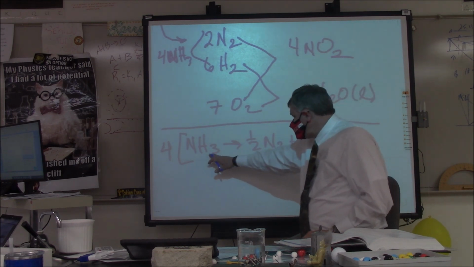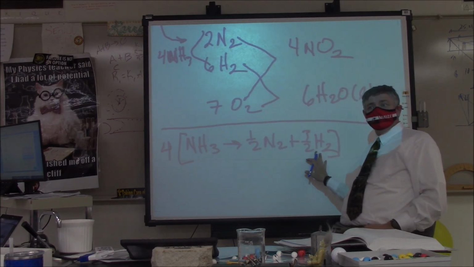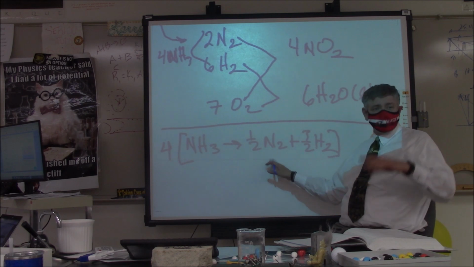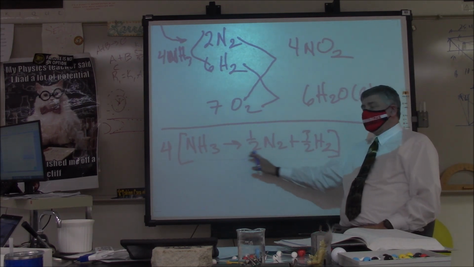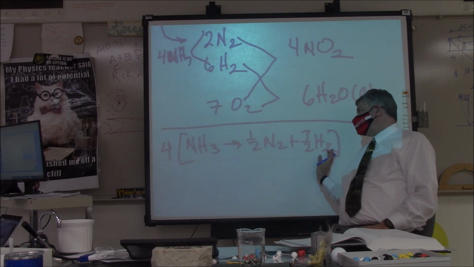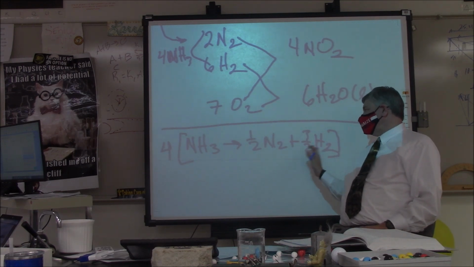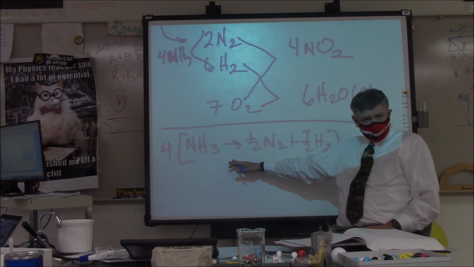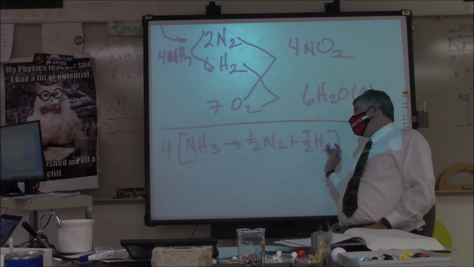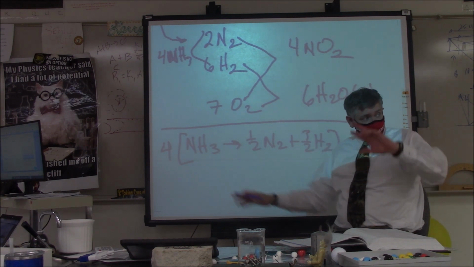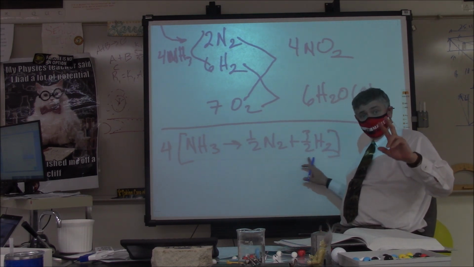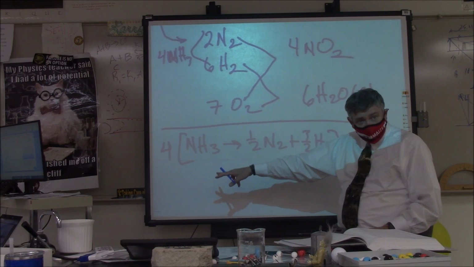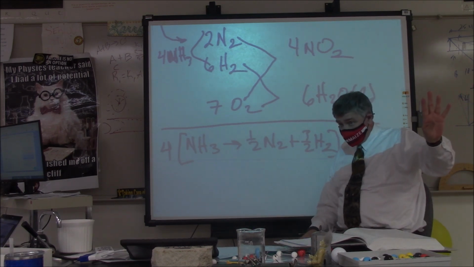We would take the NH3 and break it up into its elemental forms, okay? This is just the reverse if I said, hey, party girl, write the equation for the enthalpy of formation of ammonia. So she would write it as 3/2 H2 plus 1/2 N2 making NH3. So if she was making it, she would reverse this. But we're decomposing it, so we're going to write it in this direction. And that's going to happen 4 times because there's 4 moles of this thing.